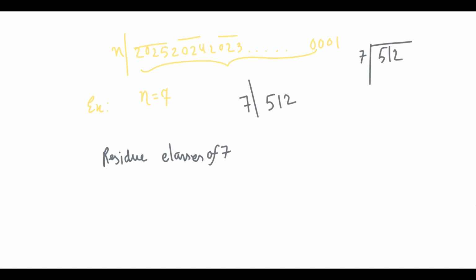It can leave a remainder 0, 1, 2, 3, 4, 5, 6. If it leaves a remainder 7, that means it is actually repeating itself. It is actually zero mod 7.